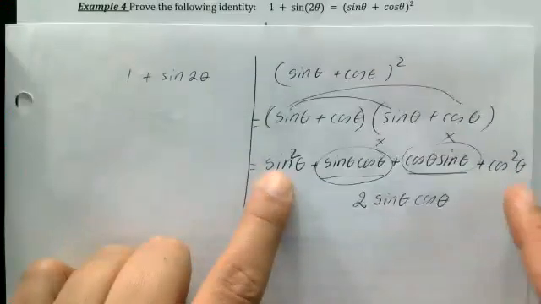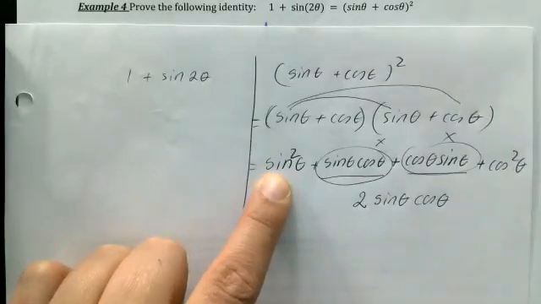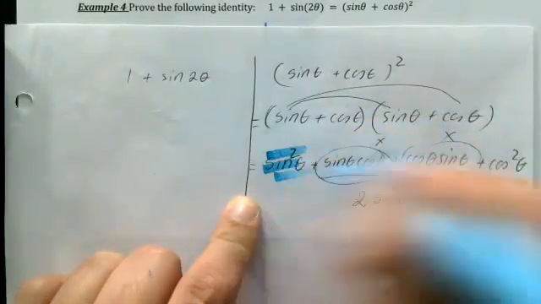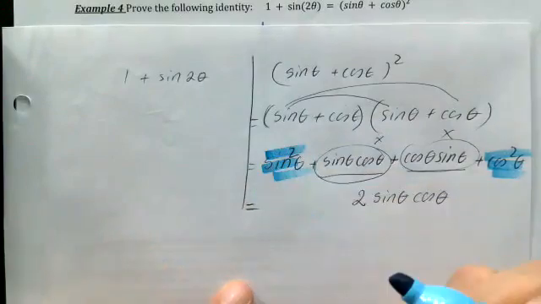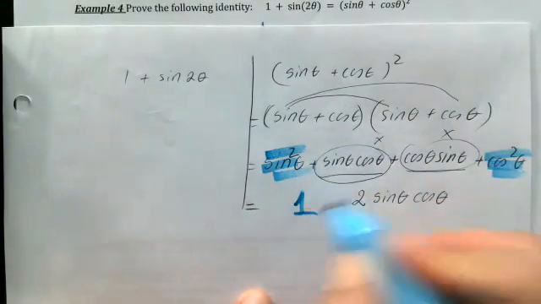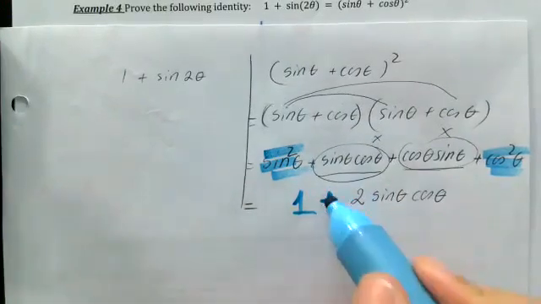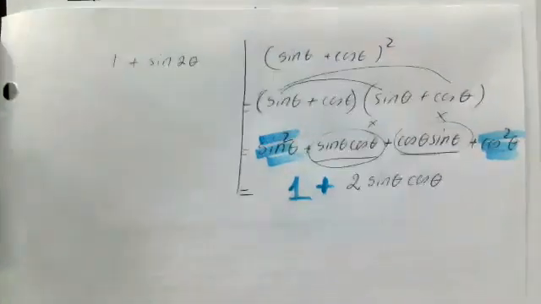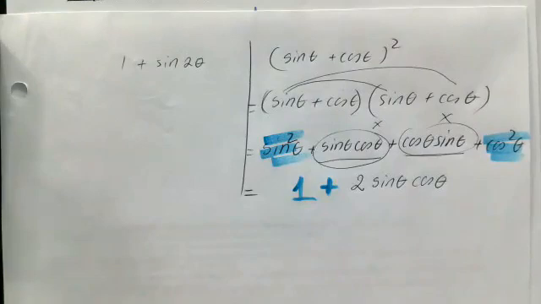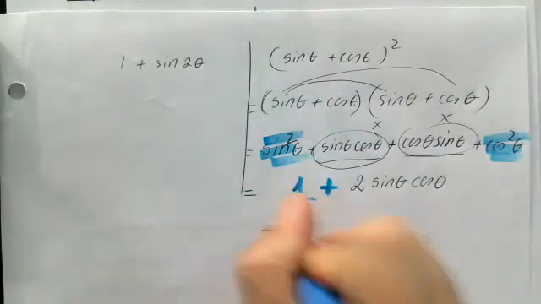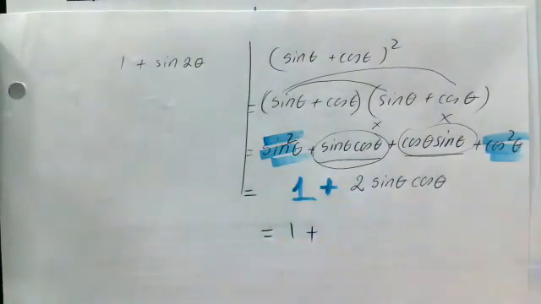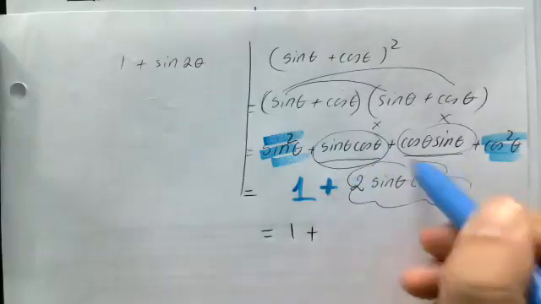And then sine squared theta plus cos squared theta, that's what? Pythagorean identity, right? So that equals 1. So we have 1 plus 2 sine theta cos theta. 1 plus, and then 2 sine theta cos theta.